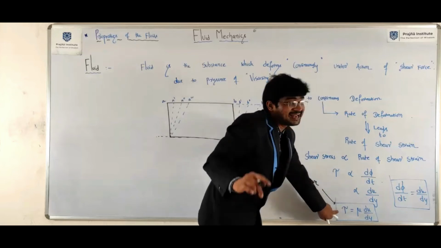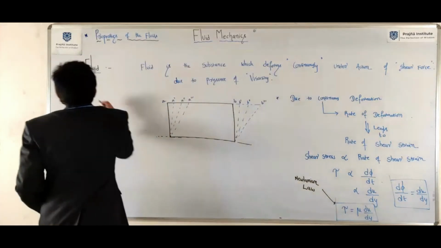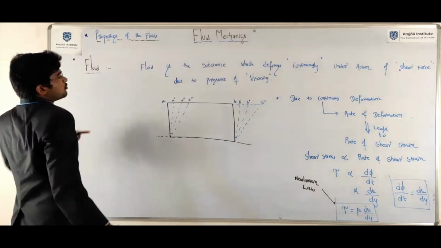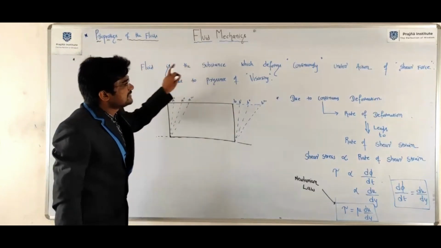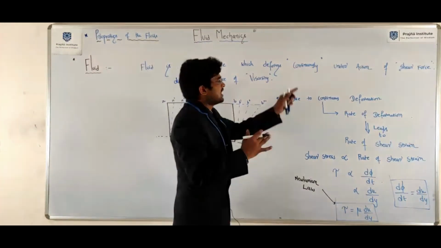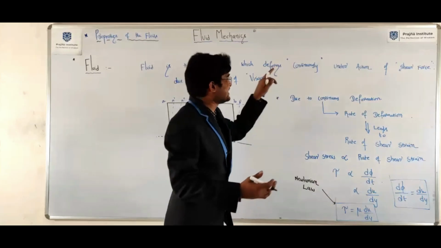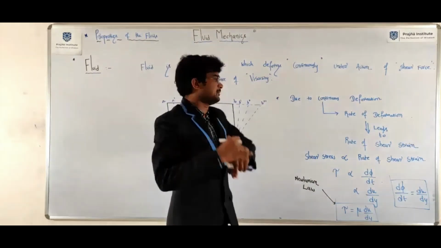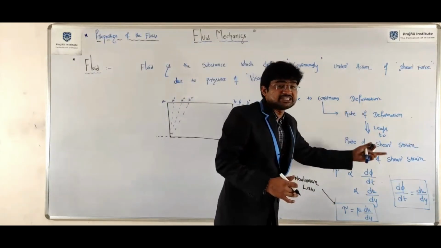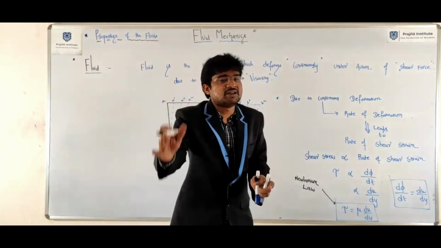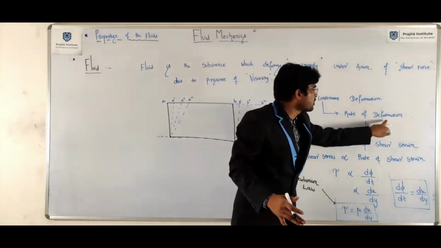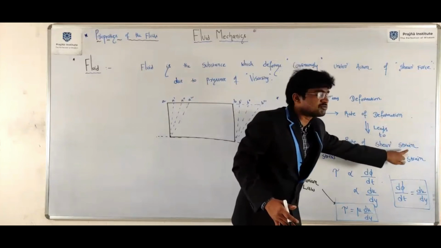This particular law came from the definition of fluid. Fluid is the substance which deforms continuously under the action of shear force. It is due to presence of viscosity. Due to continuous deformation, rate of deformation will occur, and rate of deformation leads to rate of shear strain.